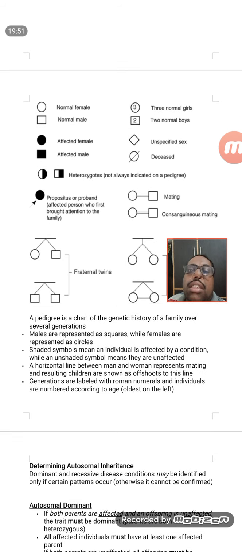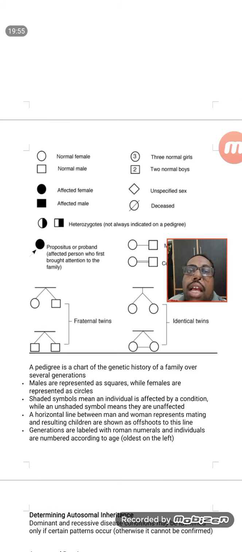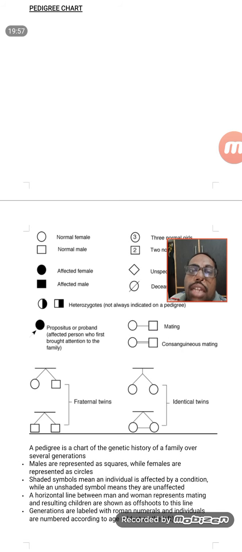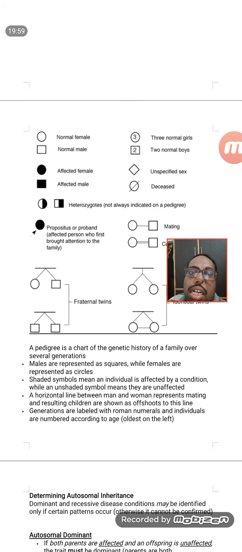And if there are twins, they will be labeled like this, fraternal twins. Sometimes they may have three girls and two boys. So instead of drawing many circles and squares, if all the females are normal, or all are equally affected, or all are heterozygotes, they can put the number inside the circle.